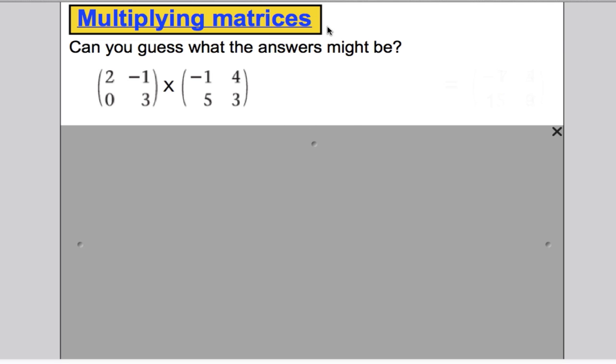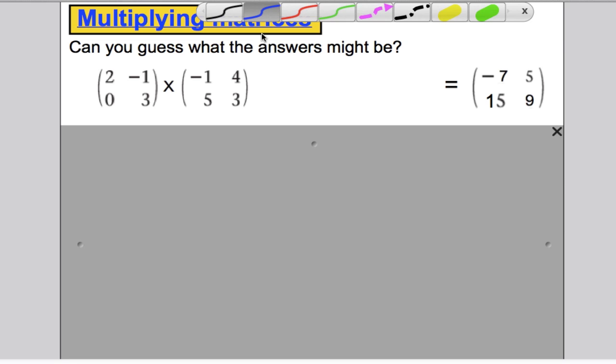How about I give you the answer and see if you can reverse engineer it? What method is going on to get this answer? That's the answer to the problem. Maybe you've had a thought about that, maybe you've been able to work it out, but let me show you what's going on, and this is how matrix multiplication works.